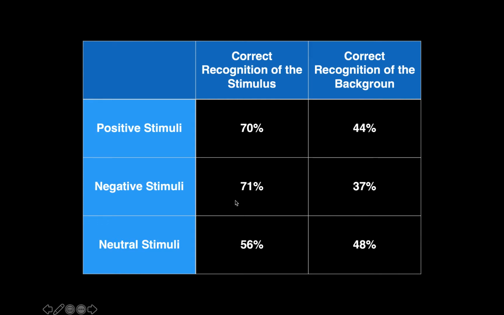When the stimulus is negative, people do not remember the background very accurately, only 37%. But with positive stimuli, people can remember 44% of the background.